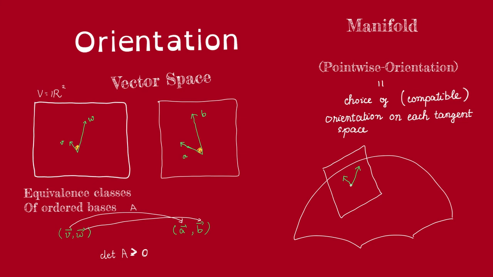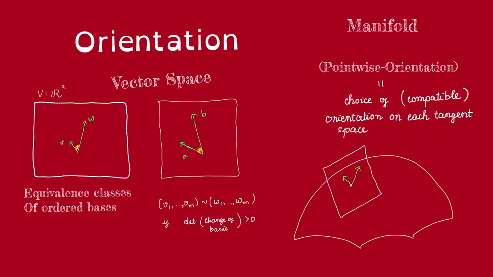Then we can obtain these vectors from these by just a rotation and then some scaling, but scaling with a positive scalar. And rotation has positive determinant. It actually has determinant 1, right? And positive scaling also has positive determinant. So the transformation that sends V and W to A and B, being a composition of rotation and positive scaling, must have positive determinant. In the general case, we'll need to argue a bit more, but let's not worry about that right now. For now, let us just agree on the following definition.